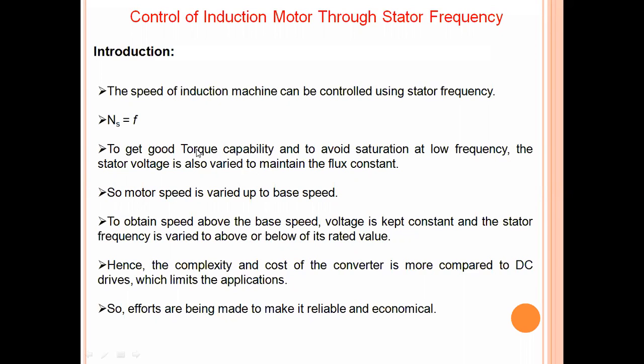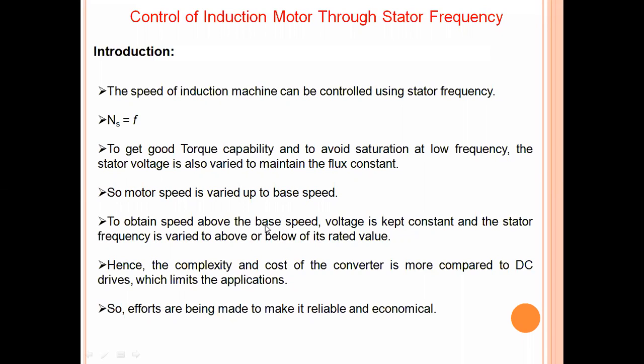And also the motor speed is varied up to the base speed based on this voltage control. In order to increase the speed above the base speed, the voltage must be kept constant. Then the stator frequency is varied above or below its rated value, depending upon the speed.